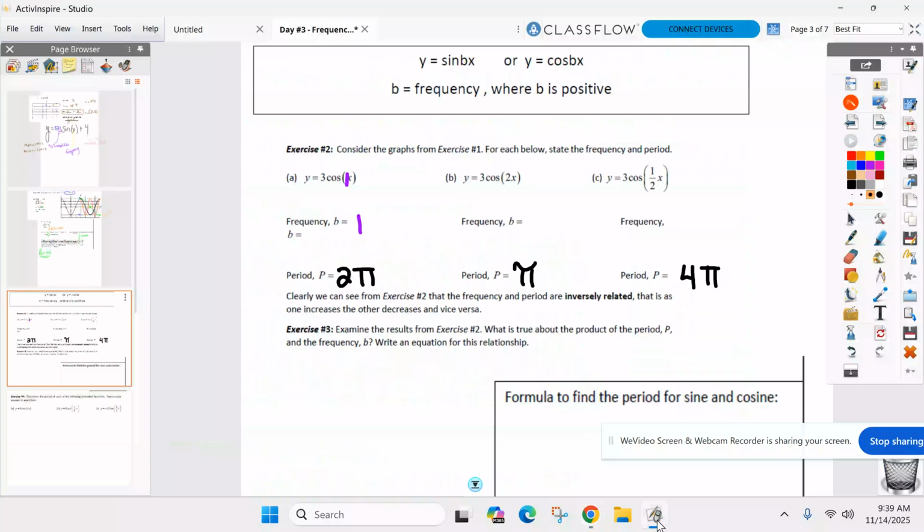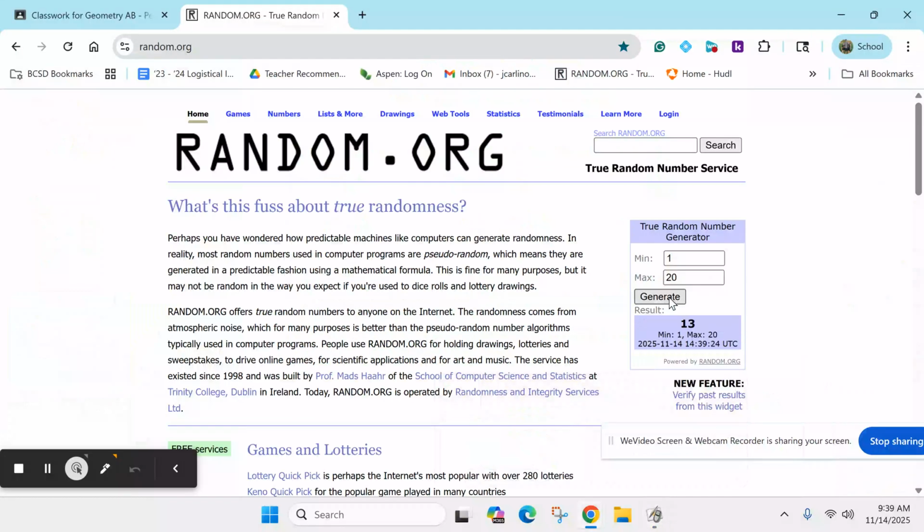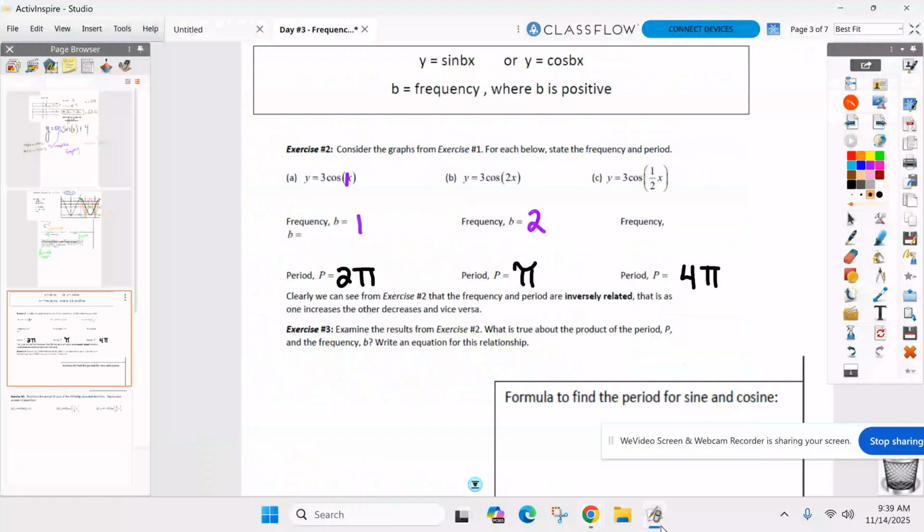Julia, what's in place of the B value in part B here, this equation? 2. There's my B value. And what's my B value for the third equation we graphed in colored pencil there, Candace? 1/2. Does it always have to be positive? It will be. It will never have a negative there. Trust me, I will not put a negative there. It will always be positive, okay?